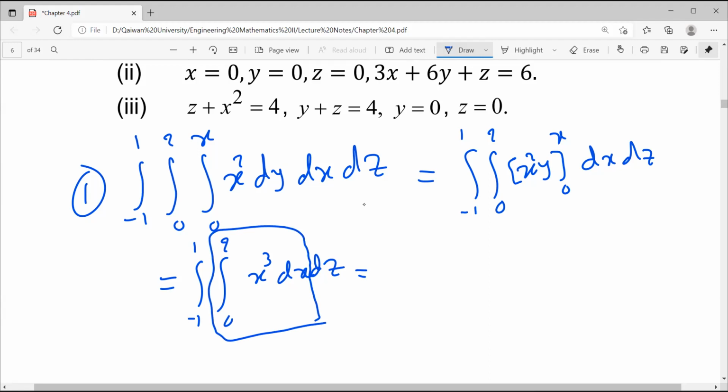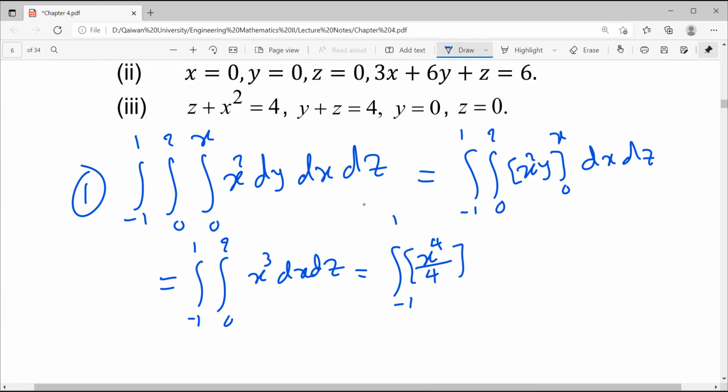We take an integration with respect to x, and it becomes the integration from -1 to 1 for the integration of x cubed with respect to x, which is x to the power 4 over 4, with x from 0 to 2.